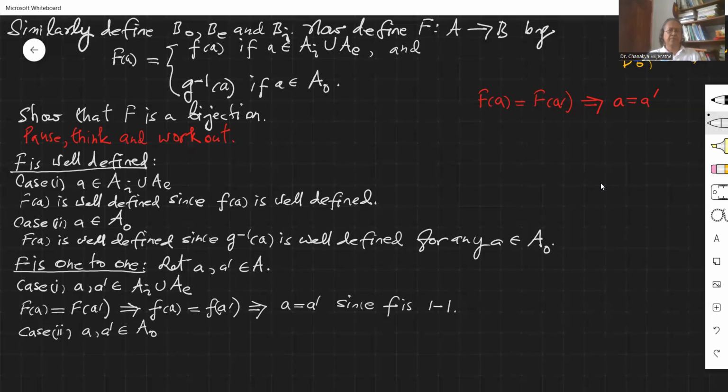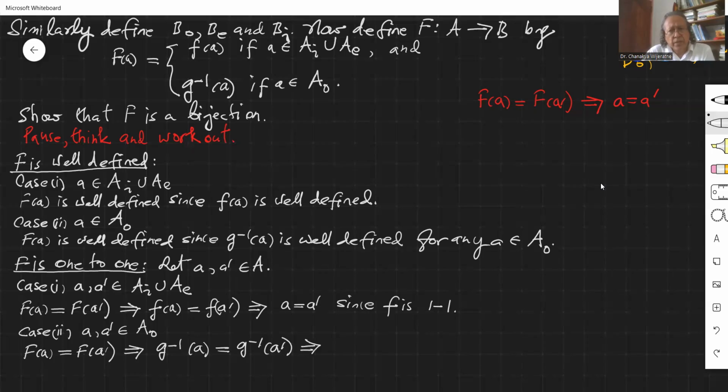In this case, F of A equal to F of A prime means G inverse of A is equal to G inverse of A prime.